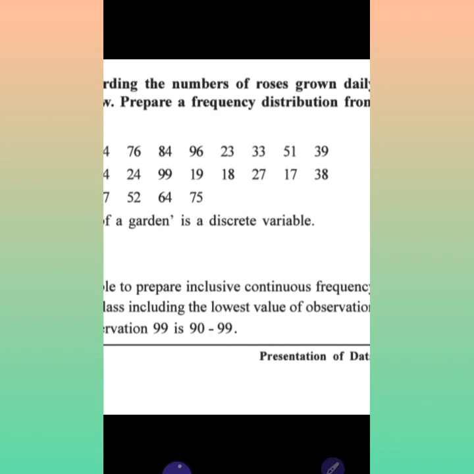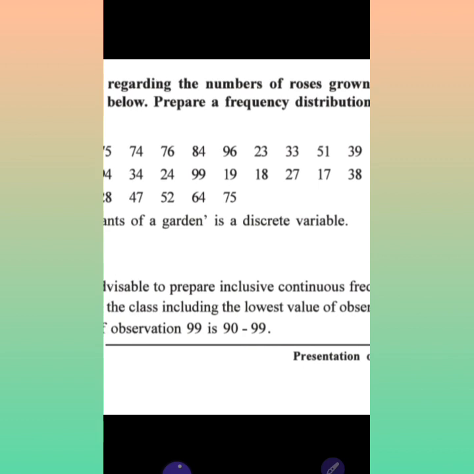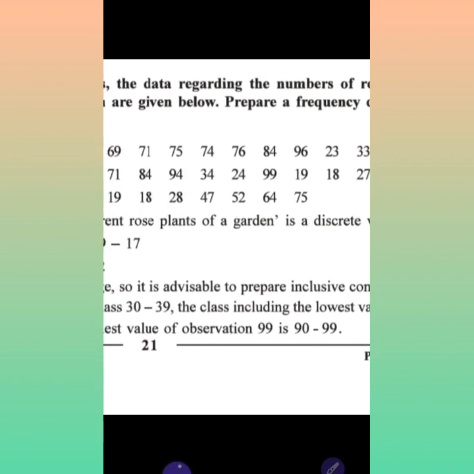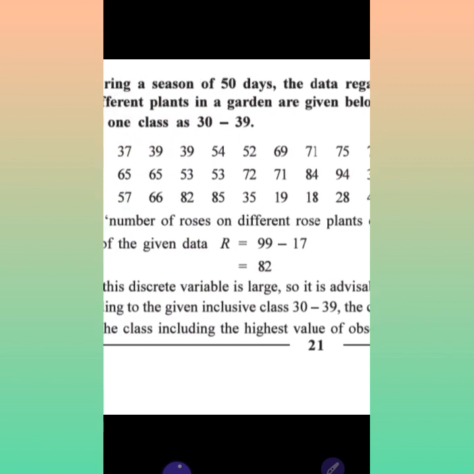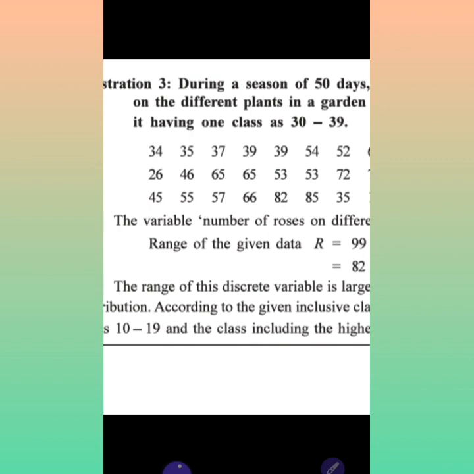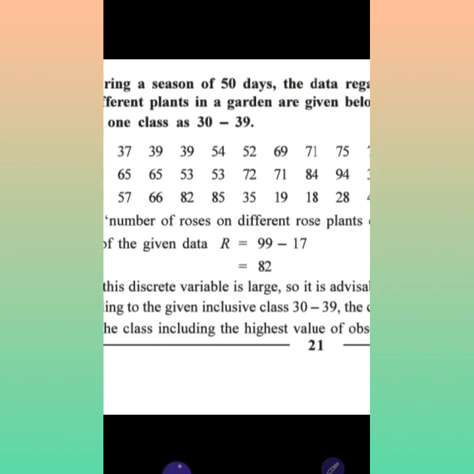Similarly, as you go through each observation, you would find 17 is actually your lowest observation.